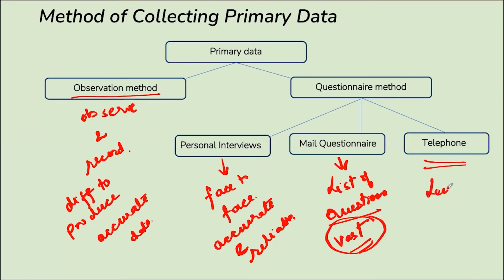This method is less expensive, but the disadvantage is that it has limited application because only those respondents who have telephones can be interviewed. But nowadays everyone has telephones, and moreover you can't ask a lot of questions on the telephone, otherwise the person who has to answer will lose interest.